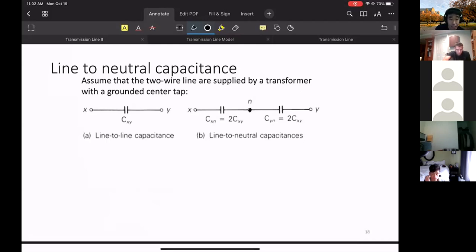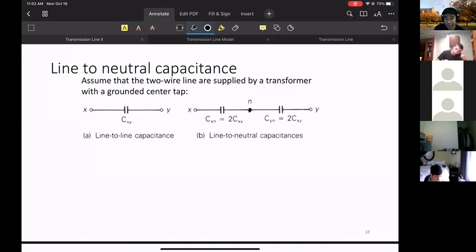This happens where you have something in the middle. For example, if you look at your house, what is the voltage going into your house? It's actually 240. Then the way you make a 120 circuit is you put a ground in the middle. Basically, you're grounding in the middle. This is what happens when you have a transformer.